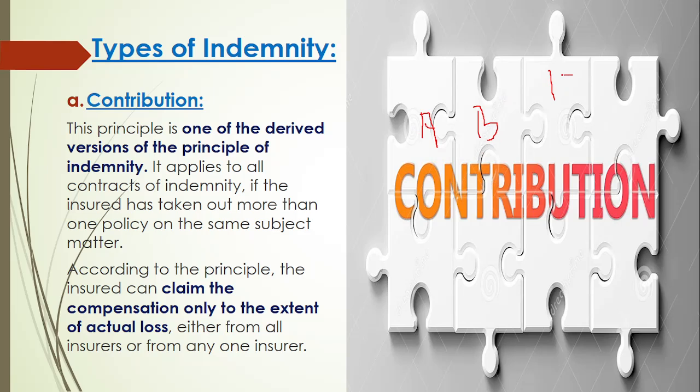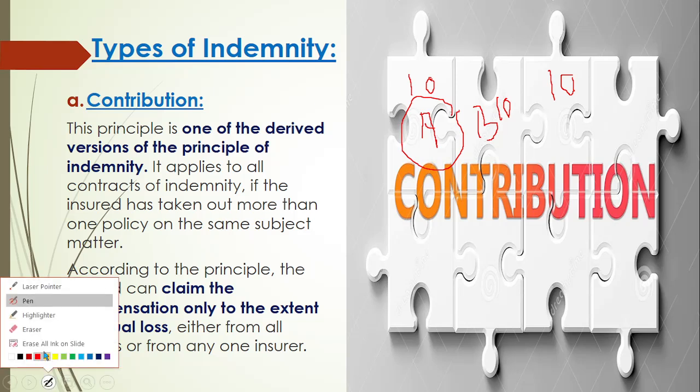The compensation can be made in such a way that only A will give you the whole compensation of 10 lakh and claim half from B, or only B will give you 10 lakh compensation and claim 5 lakh from A, or both can contribute 5 lakh for your loss. So when both are contributing for your loss for which you have taken the insurance, that is called contribution.